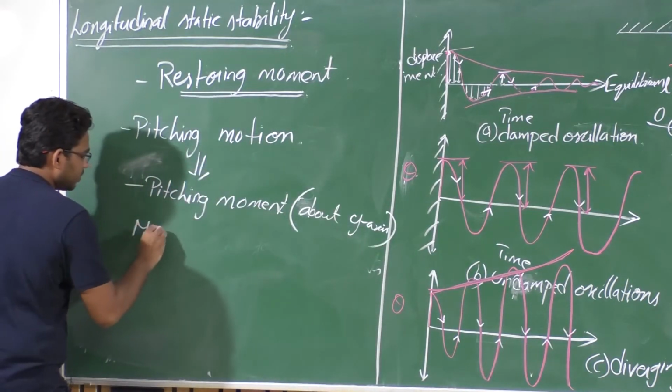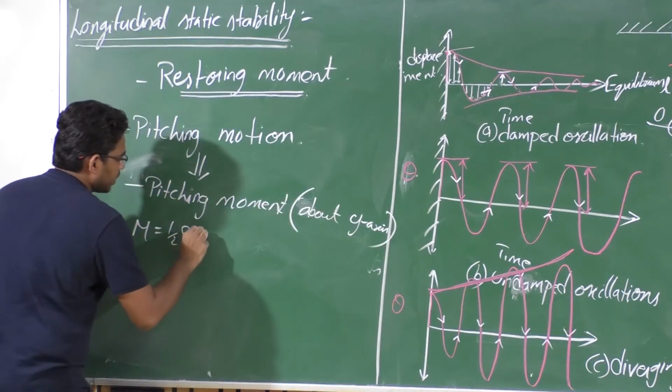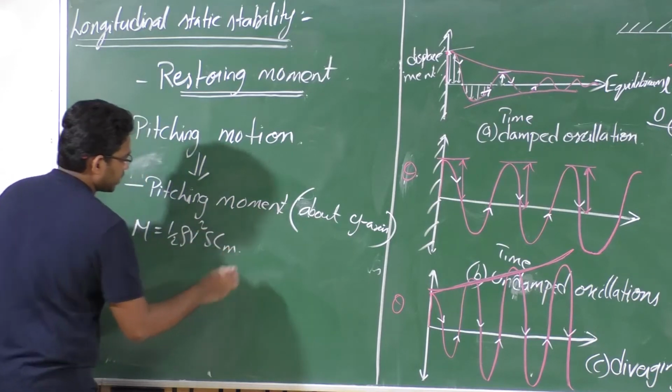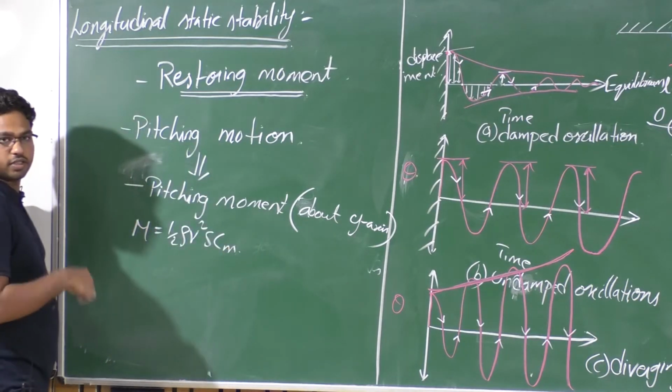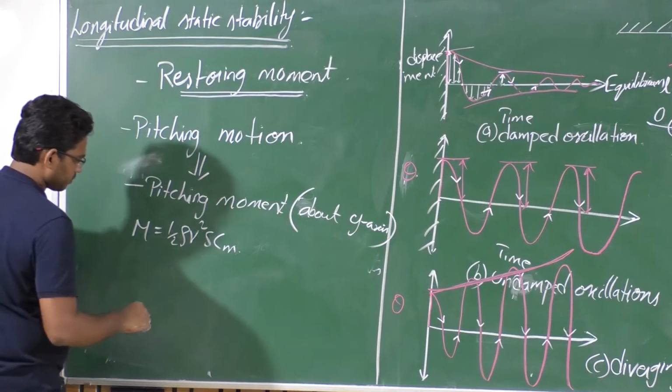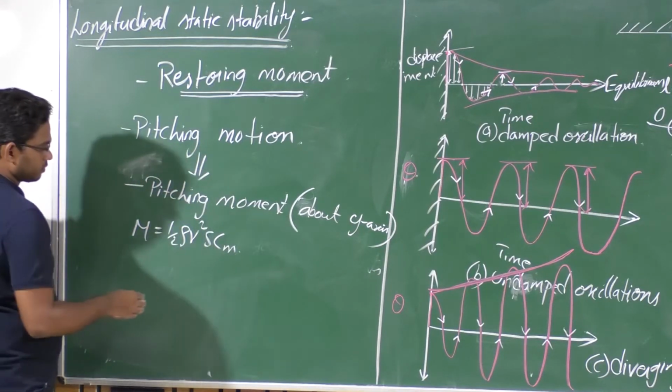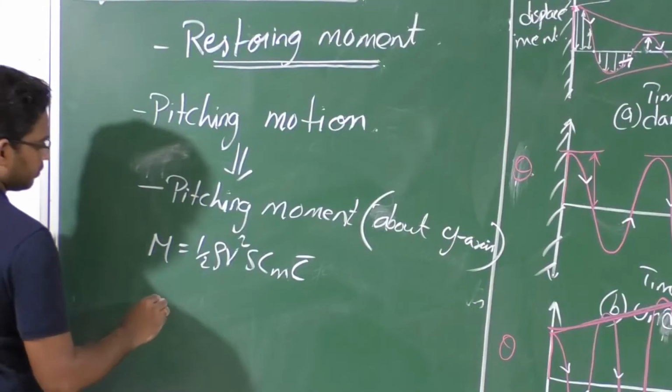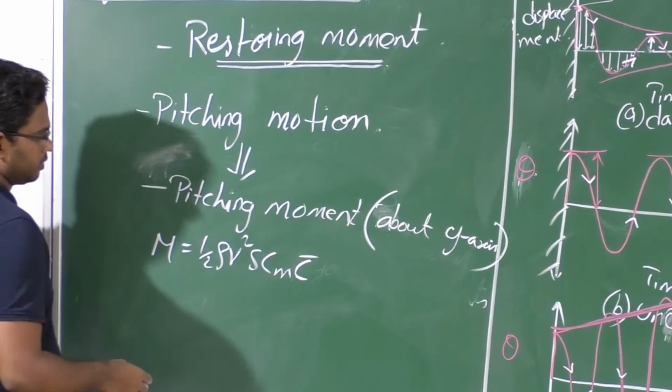So the pitching moment M is given by half rho V squared S times c bar times Cm. Pitch up is considered positive, pitch down is considered negative here, right? That is what we just discussed, where Cm is the coefficient of pitching moment.